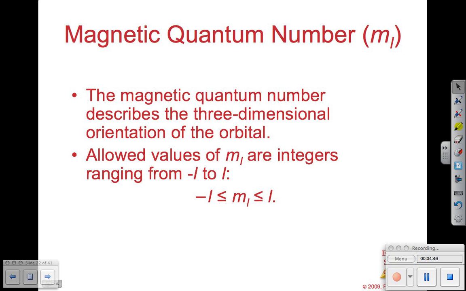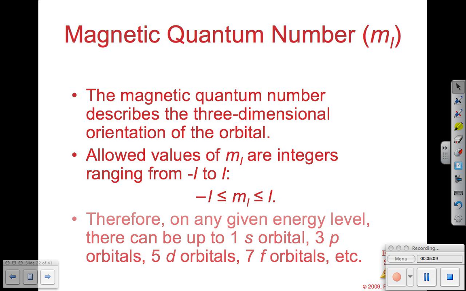So if l is 0, there is no range, there's just one orbital space. And if l is equal to 1, then you can have 3. This is where we get those specific orbitals where we're going to fill electrons.